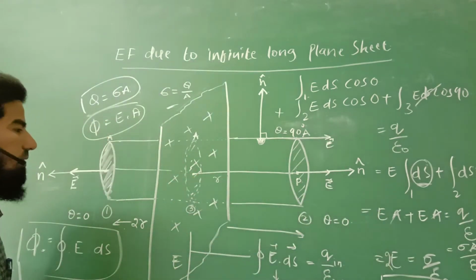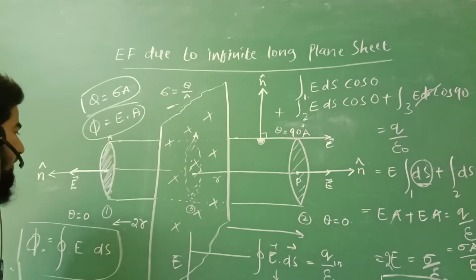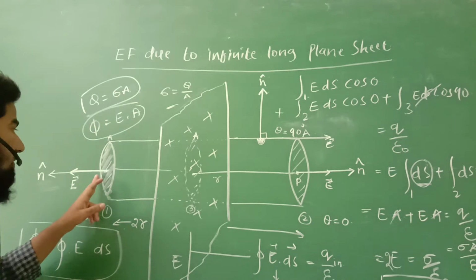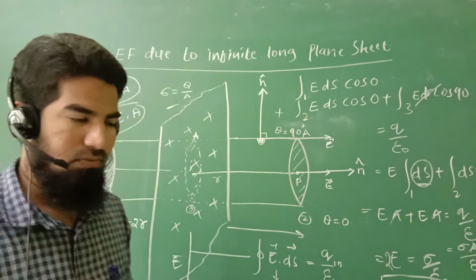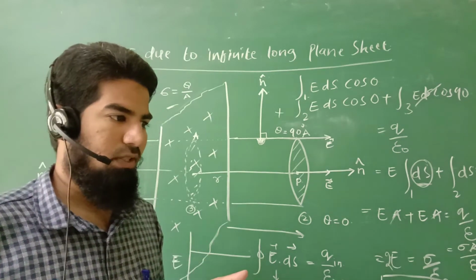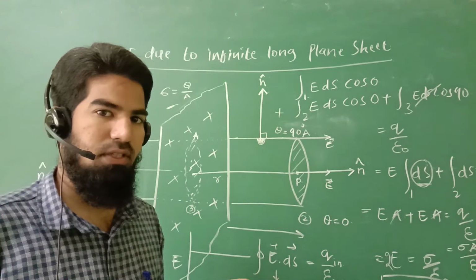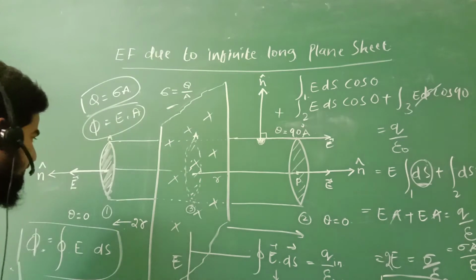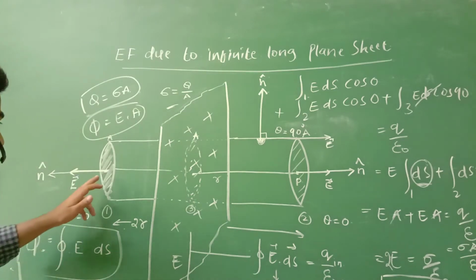Now we have to find out the area vectors. The area vector's direction is perpendicular to the outward direction from the surface.